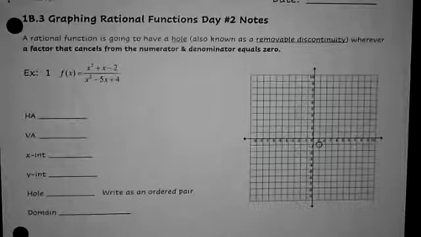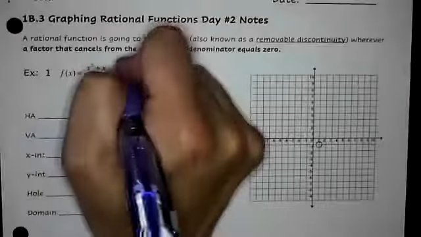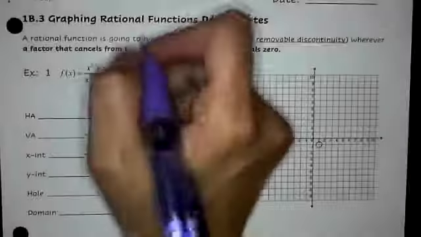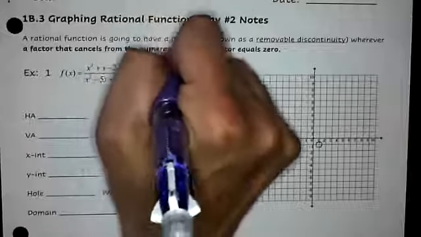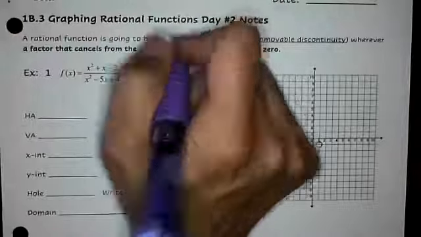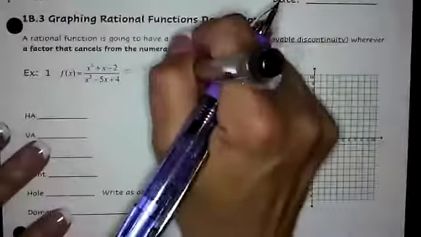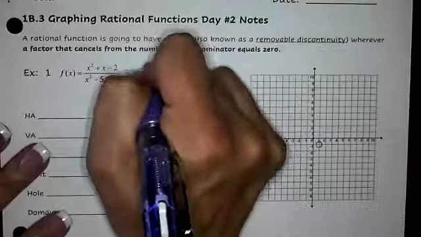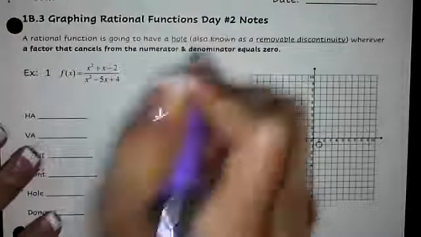So the first thing we would want to do is to simplify this. In order to do that, we need to factor. And so this factors to be x plus 2, x minus 1, and in the denominator, we get x minus 4 and x minus 1.